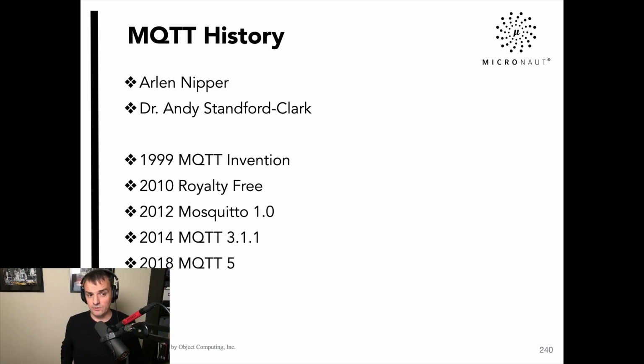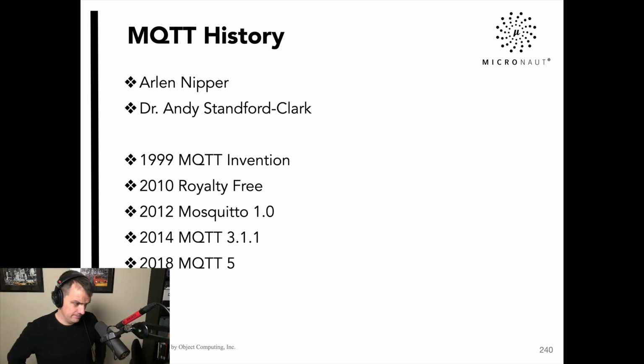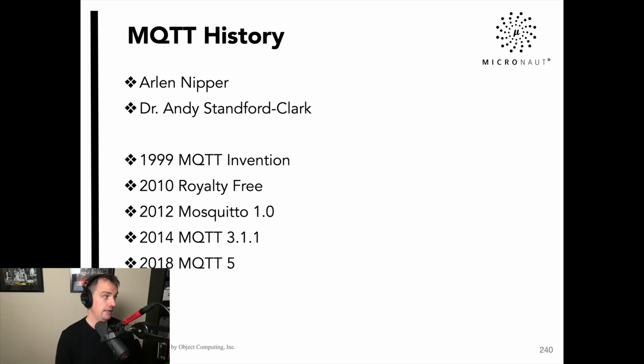A brief history about MQTT. This was invented by Arlen Nipper and Dr. Andy Stanford-Clark in 1999. So as you see, it's quite a modern protocol. It was made royalty-free in 2010. In 2012, Mosquitto, which is an MQTT broker, was made open source, and this had a big impact in the adoption of MQTT.